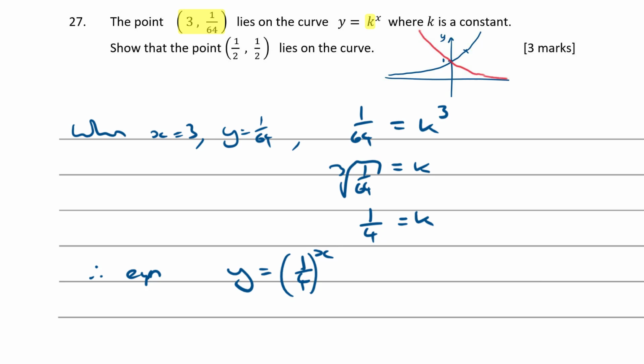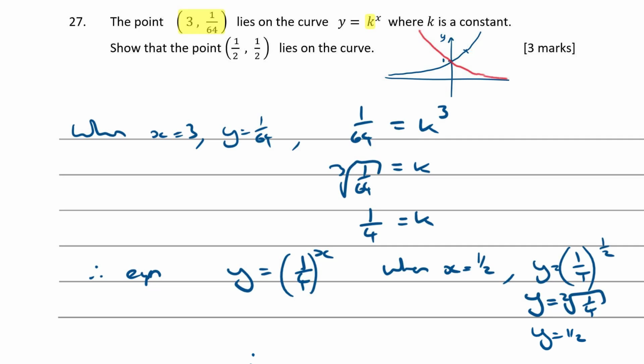So when x equals 1/2, then y is going to be 1/4 raised to the power of 1/2. Well, if you raise something to the power of 1/2, that's the same thing as finding the square root, isn't it? So y is going to be the square root of 1/4, and the square root of 1/4 is 1/2. So y is equal to 1/2. So therefore 1/2 lies on the line.